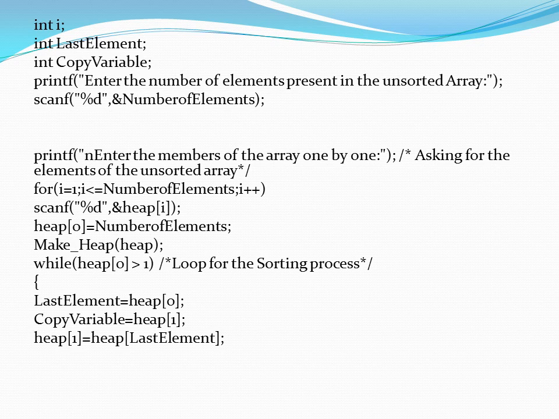we are getting the number of elements present in the unsorted array. Then we are getting the numbers one by one using a for loop and scanf statement. Then we are making the heap using the make heap function. Then if heap of 0 is greater than 1, we are swapping with the last element, and the value is removed from the heap.